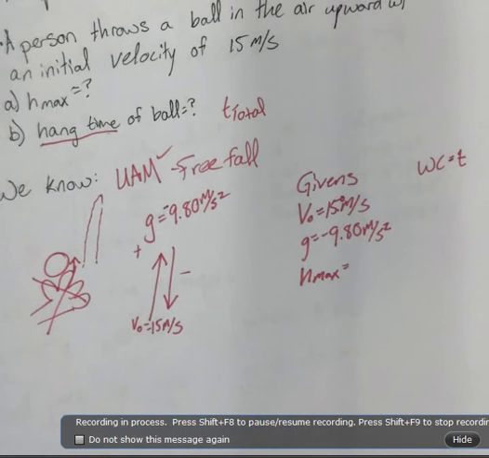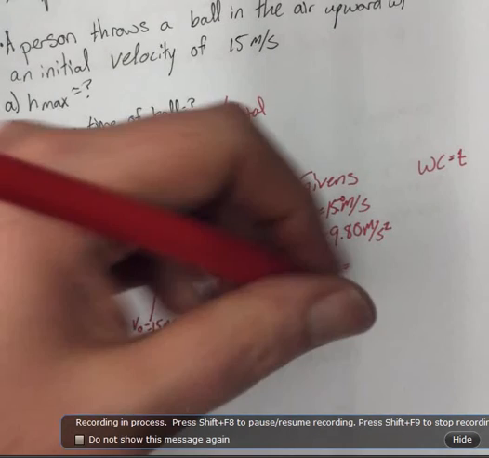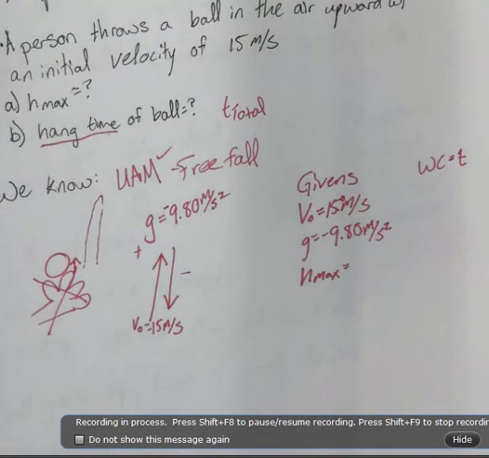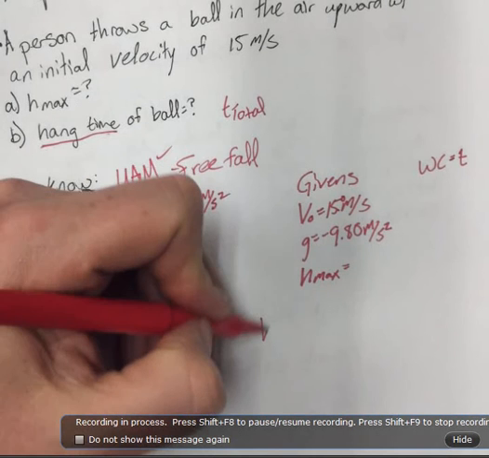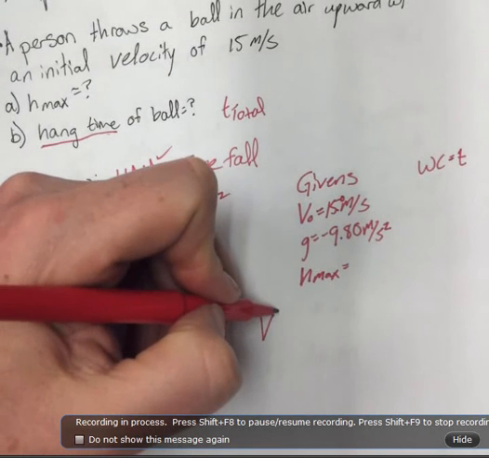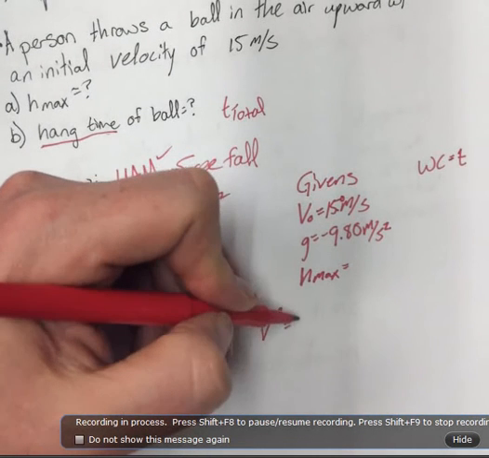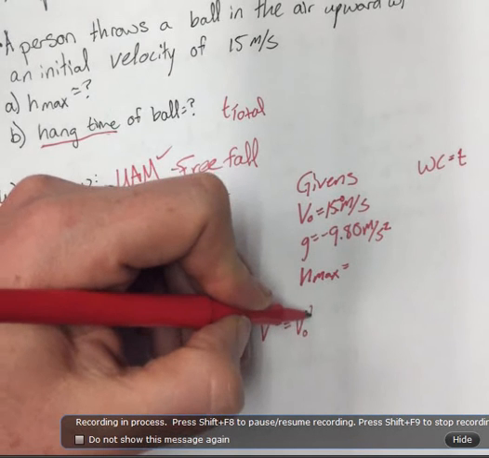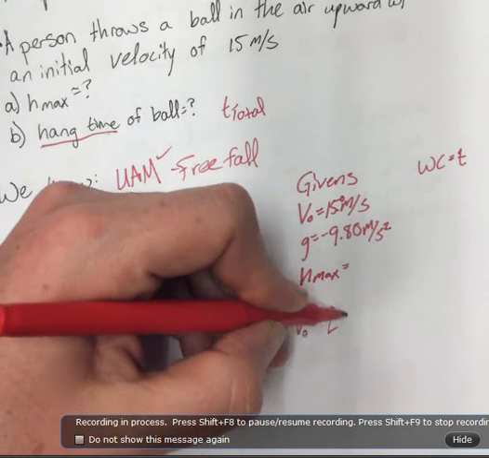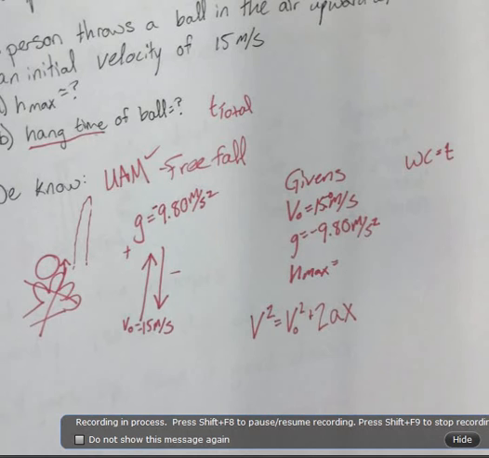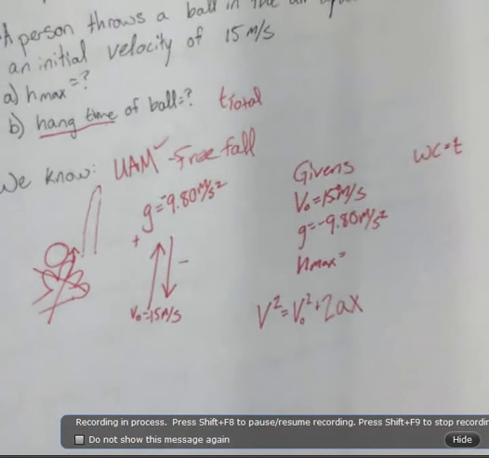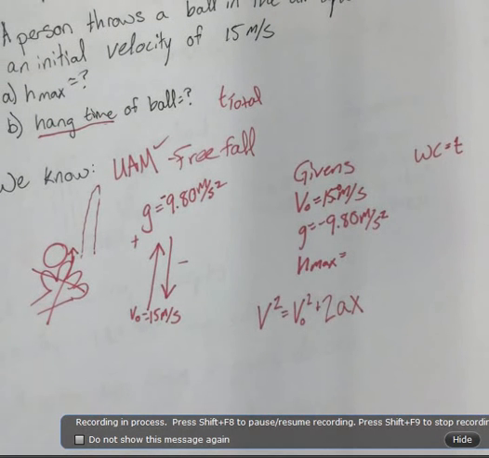So that brings us to the equation we could solve using: v squared equals v naught squared plus 2ax. Alright, this is our equation when we don't care about time or don't need to know about time.